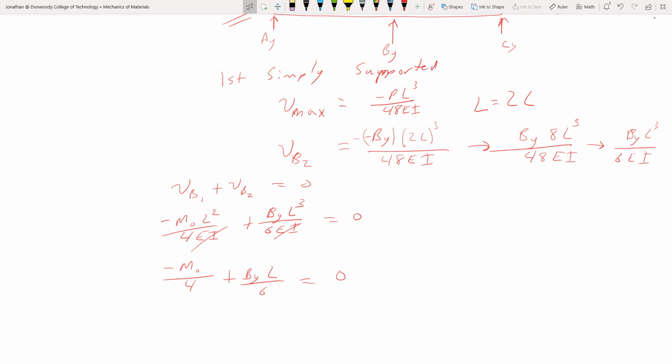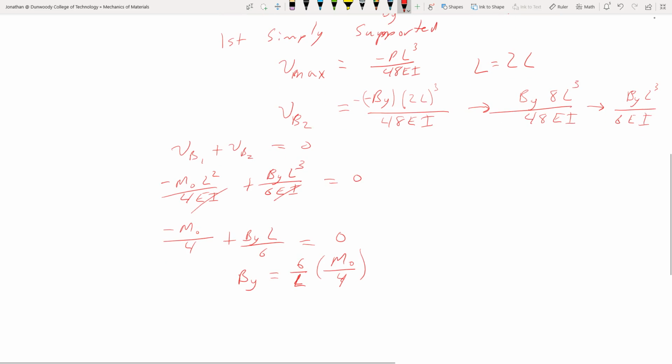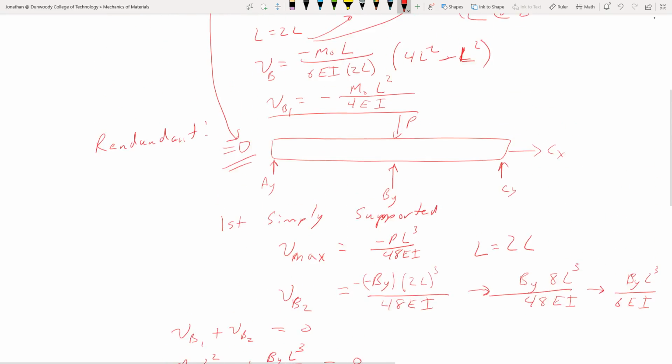So solving for BY now. I'm going to multiply this side by 6, divide by L. Pull this to the other side, I get positive M0 over 4. This is an L, not a 2. And so as I carry that through, I get BY equals 3M0 over 2L. And that's our answer.